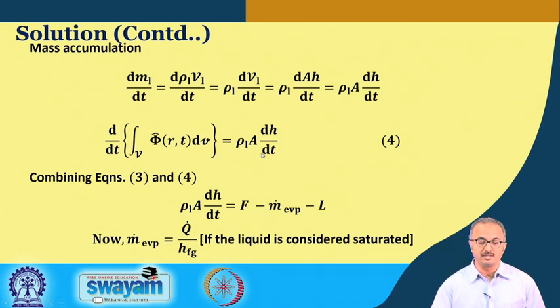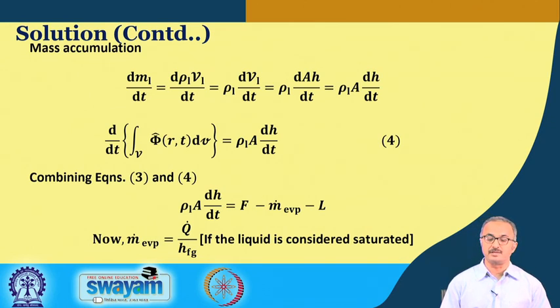Now, after putting this value and combining it with the flux term, we get this particular expression. You see this expression looks much simpler than the earlier expression for the change in the liquid height with time, and the advantage we get is this: if we assume that the liquid is a saturated liquid, then whatever mass is generated due to evaporation can be easily computed from this expression.